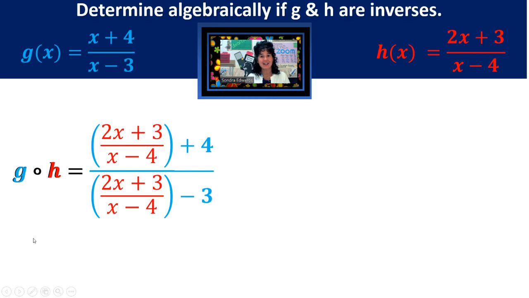Ooh, this is ugly. Remember, we are trying to simplify and make sure that this equals x. If you have a fraction within a fraction, the easiest way to simplify it is to first look for what I call the mini denominators. So my mini denominators here are x minus 4.